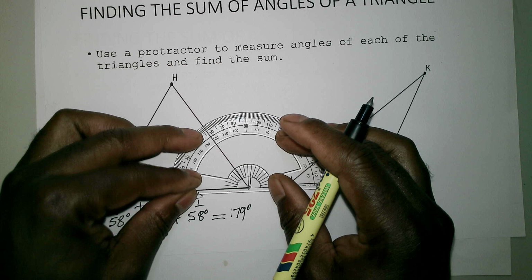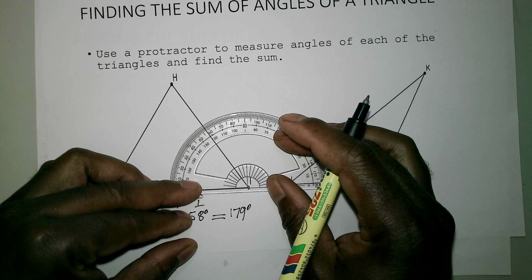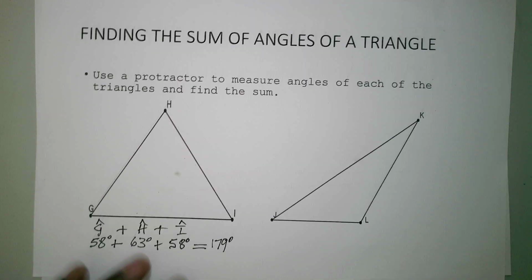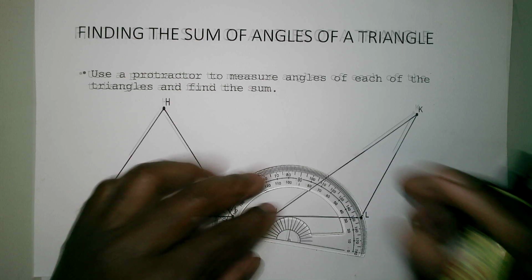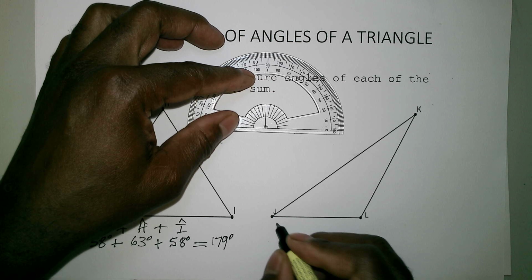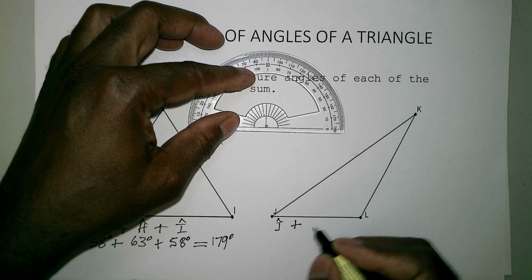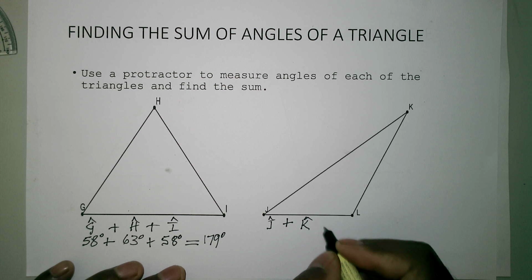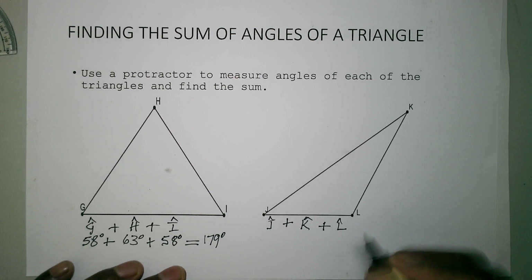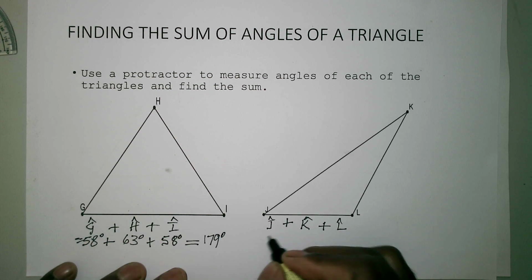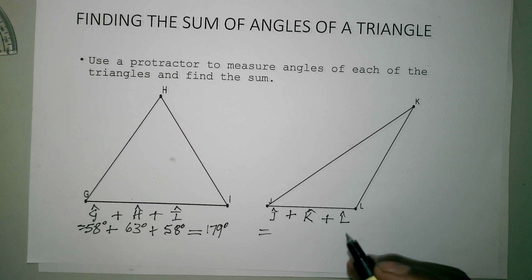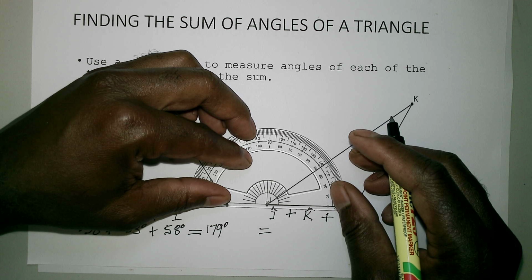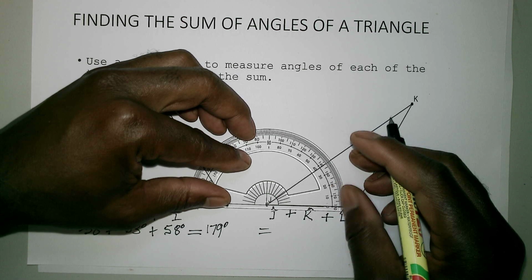We'll start with J. Angle J plus angle K plus angle L will be equal to... Now let's start with J. This is 0 degrees, 10, 20, 30, 35, 38. 38.